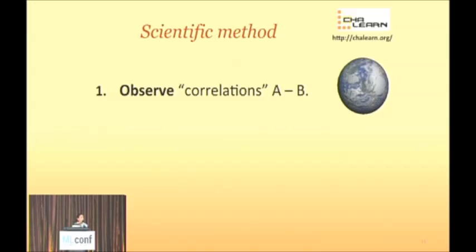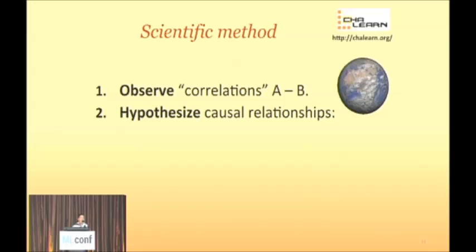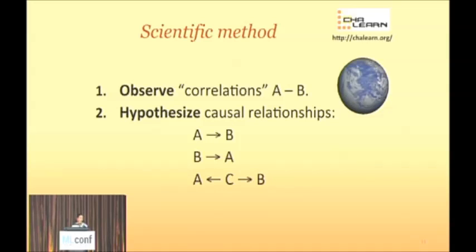It consists first in observing correlations, then hypothesizing causal relationships. For example, a variable A is causing a variable B, or B is causing A, or there is a common cause C to A and B. These three cases could explain a correlation.